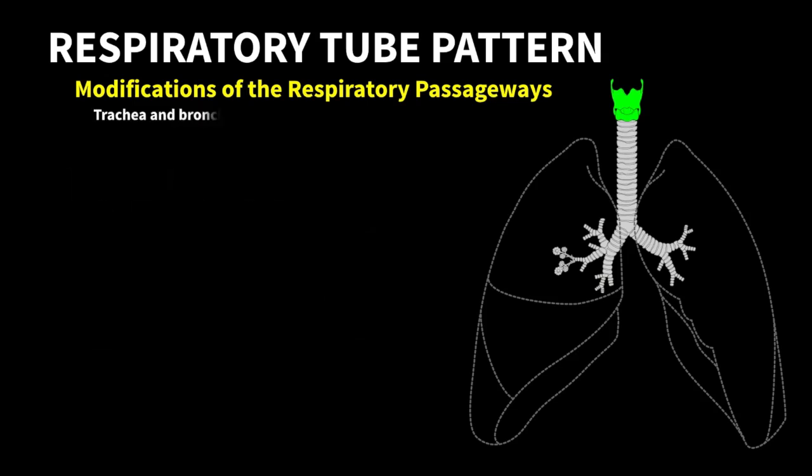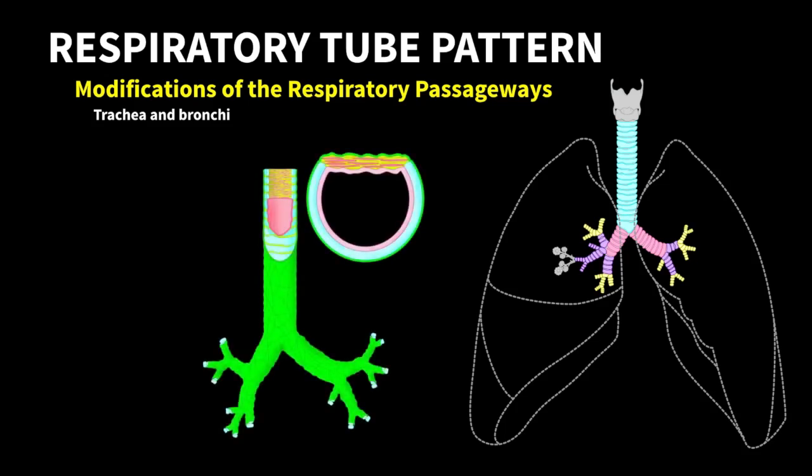The trachea and large bronchi are conduction tubes that move air into and out of the lungs. From the large diameter trachea to the smaller diameter segmental bronchi, these tubes exhibit all the features we learned in the basic pattern of the respiratory tube.